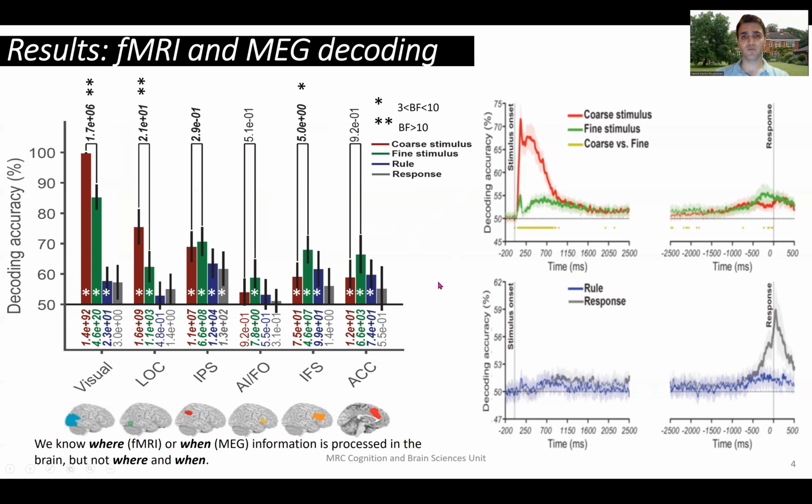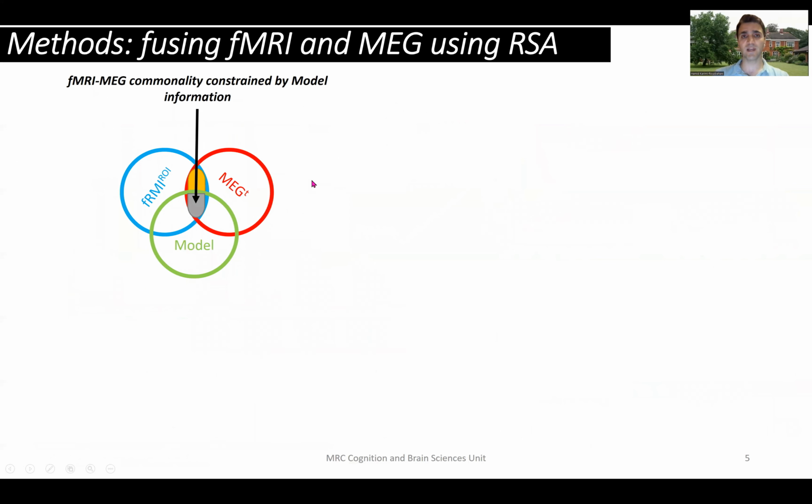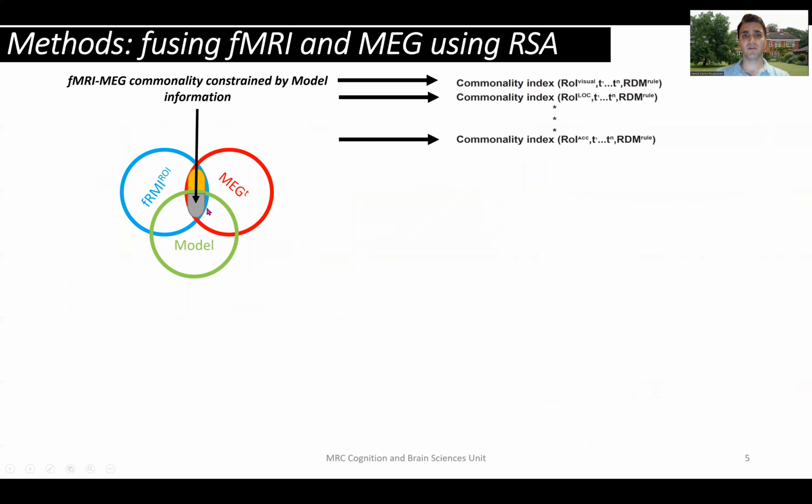So we needed to fuse the 2 modalities, and for that purpose, we used representational similarity analysis, where we extracted representational dissimilarity matrices from fMRI for every region of interest, and from MEG for every time point, and we incorporated models which defined what aspect of information we were trying to correlate between the 2 modalities.